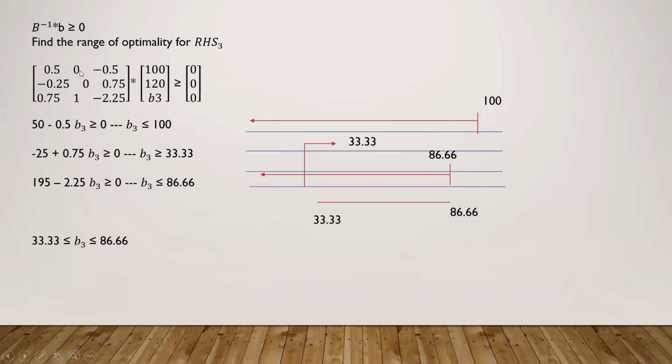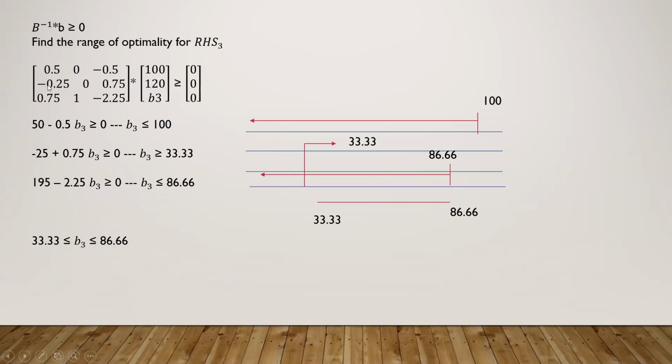You will have basically three equations, because it is a row by column, then a row by column, then a row by column. Including b3, half by 100, then 0 by 120, then minus 0.5 by b3 should be more or equal to 0. So this is the first equation.